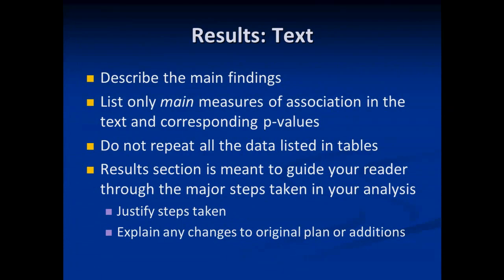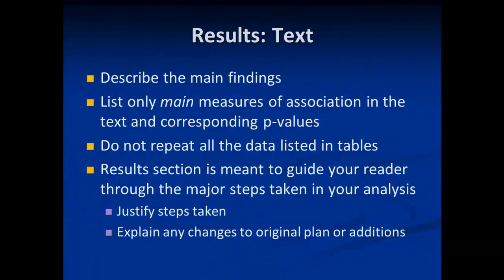So generally, in terms of text, you want to describe the main findings, but you have to be careful here because your readers, not your reviewers, are really not going to sit and read through the text part of the results. Now, it doesn't mean you can't provide it.